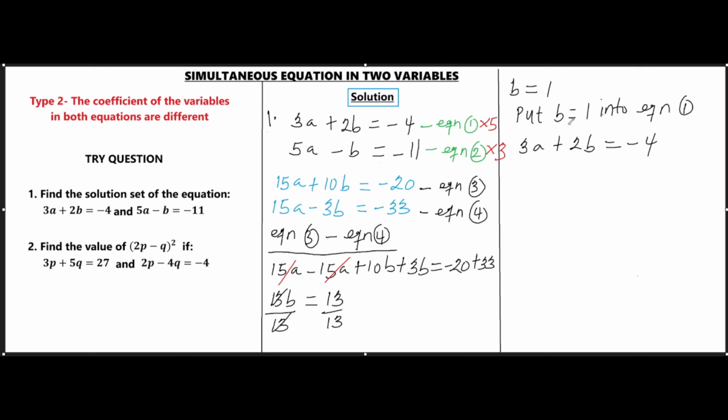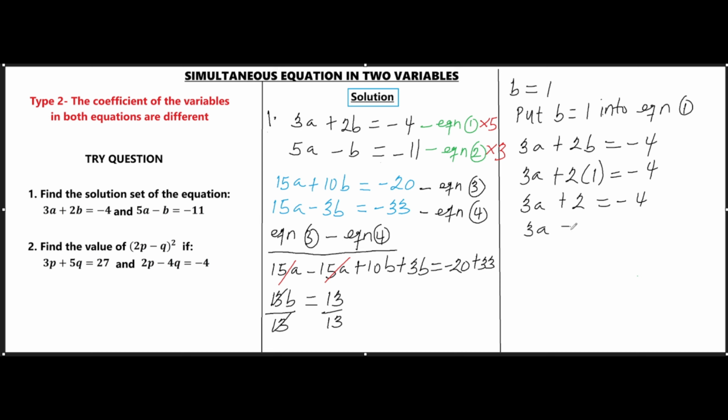So anywhere I see b, I just substitute 1. So I have 3a plus 2, now b is 1, and this must be equal to minus 4. I have 3a plus 2, this must be equal to minus 4.